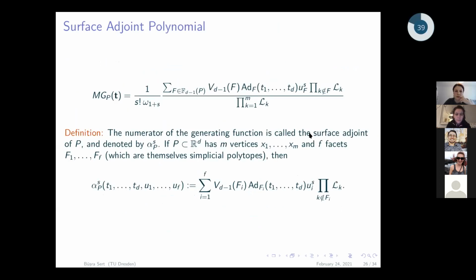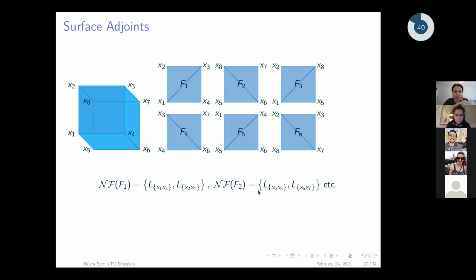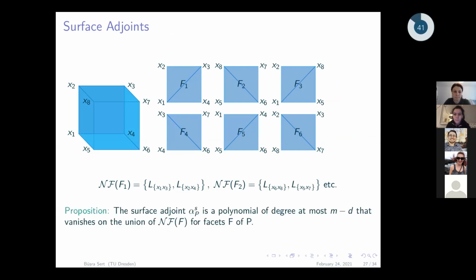We define this adjoint, and how we compute it is, again, for each facet we compute the non-face arrangements and the adjoints, where we write the linear forms for each vertex and for facets, and we take the sum over them.